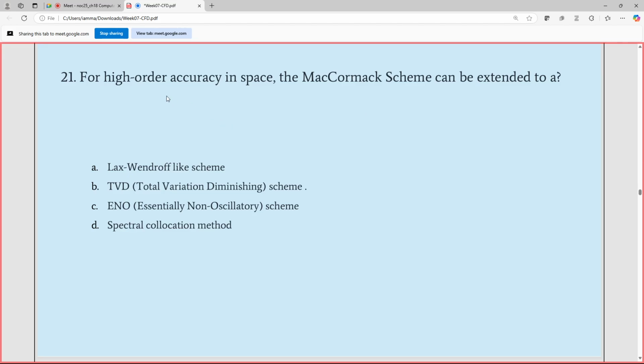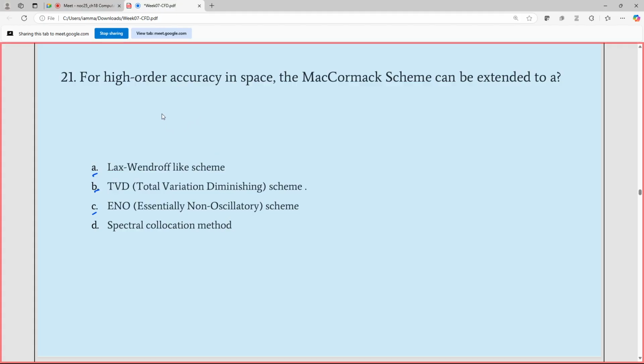Next question. For higher order accuracy in space, the MacCormack scheme can be extended to which of the following? Options are Lax-Wendroff like scheme, option B, TVD, total variation diminishing scheme, option C, ENO, that is essentially non-oscillatory scheme, option D, spectral collocation method.